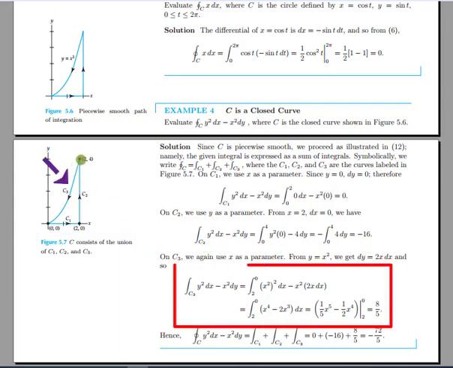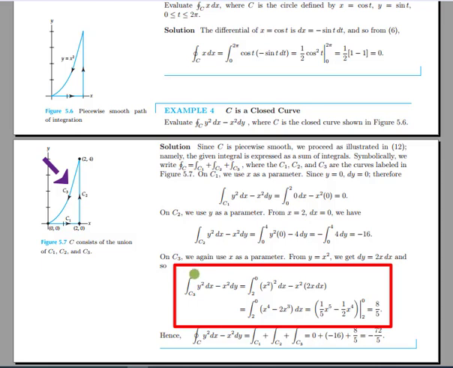The integral over C2 will give minus 16. On C3, we see that C3 starts from (2, 4) and ends at (0, 0). In this case, x varies down from 2 to 0 and y also varies from 4 down to 0. So here y is already defined as x square, so we get dy equal to 2x dx.